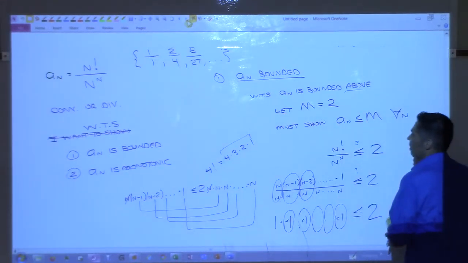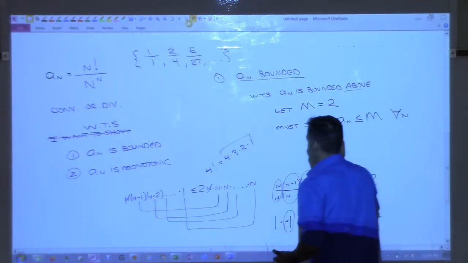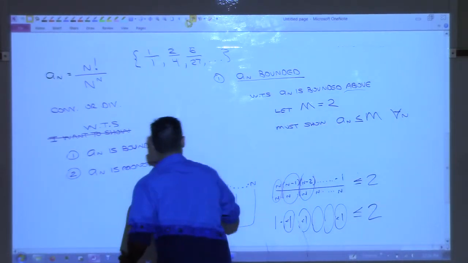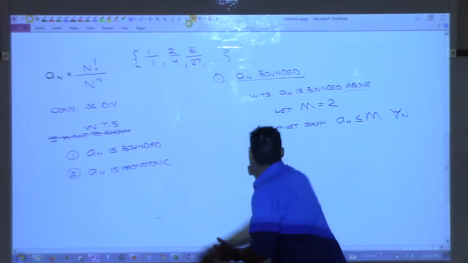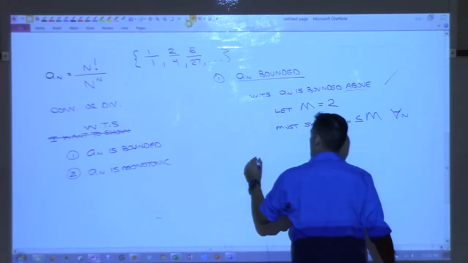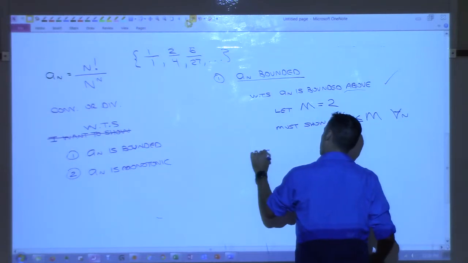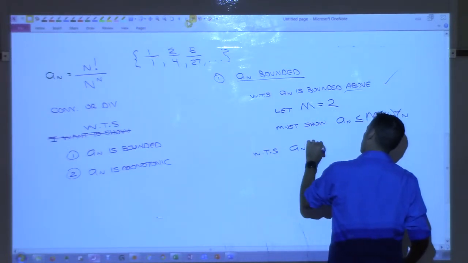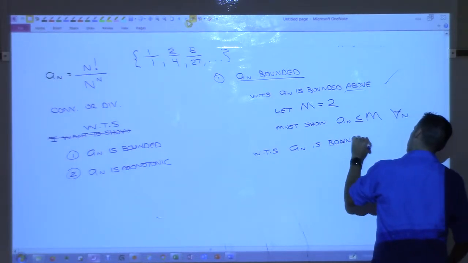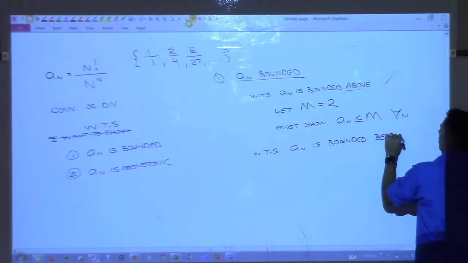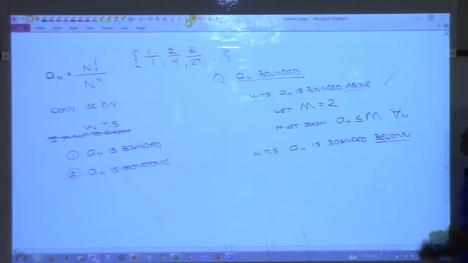Okay, so next thing, still in step 1. Okay, so this part we're done with. Now I want to show a sub n is bounded below. So I need to get a number that's smaller, right, than all those.